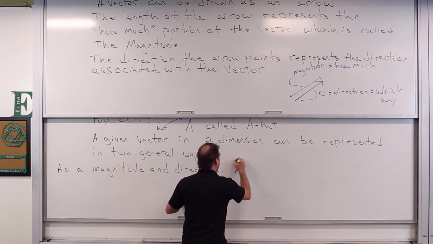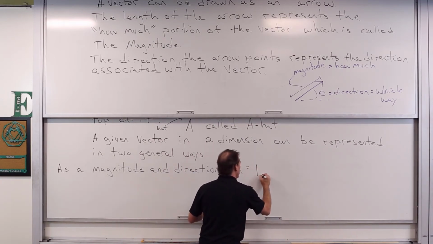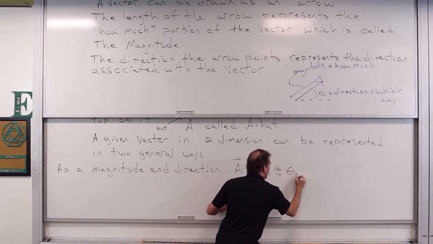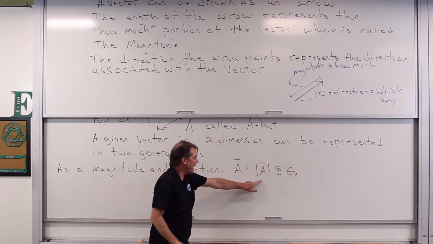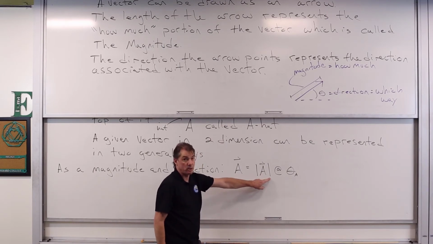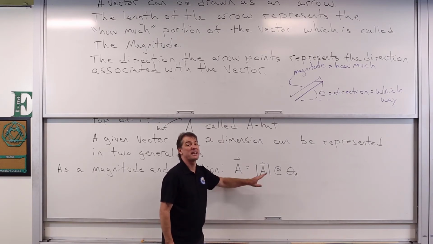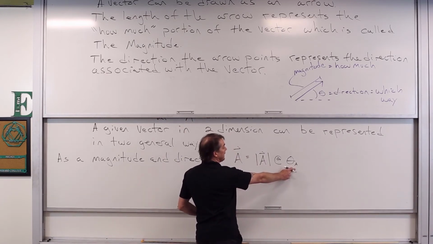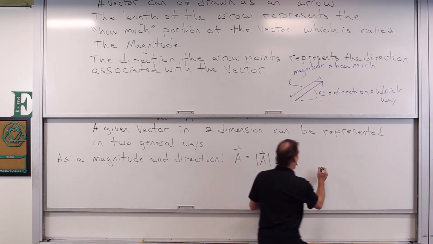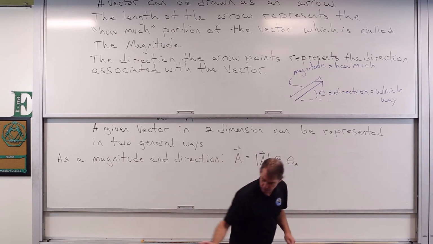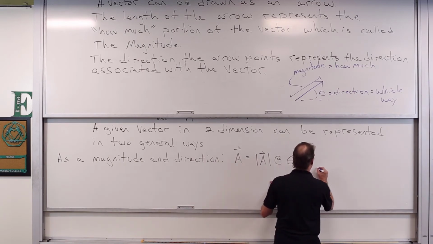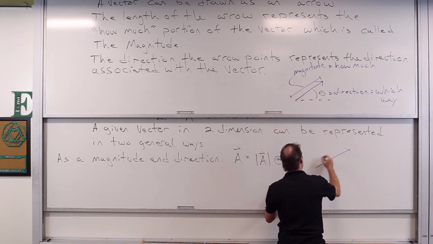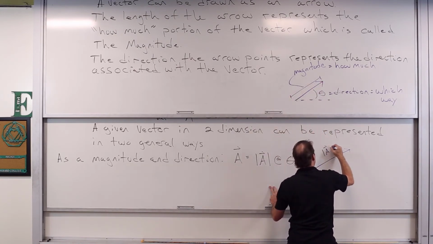which would be like A hat is equal to the magnitude of A hat. It looks like absolute value signs. This is referencing magnitude, the how much, at some theta sub A. So if we draw out a vector, we'll do purple again. What we said was the magnitude here, that is this.